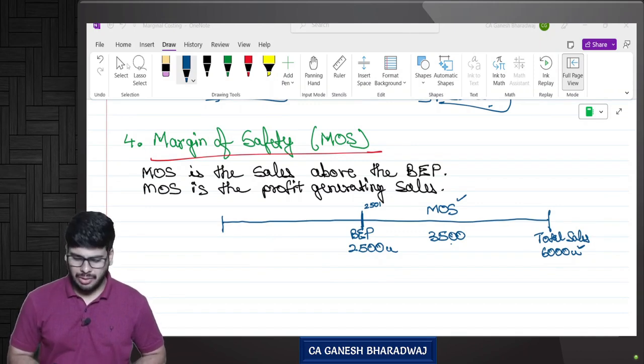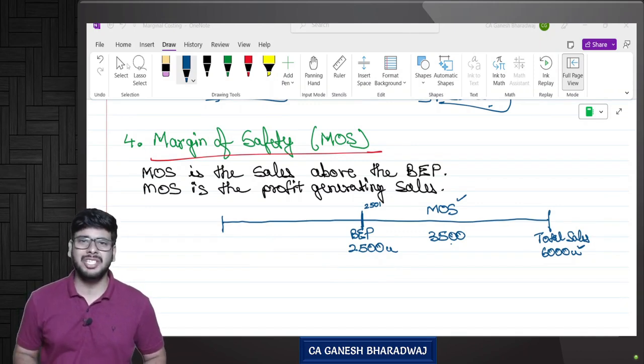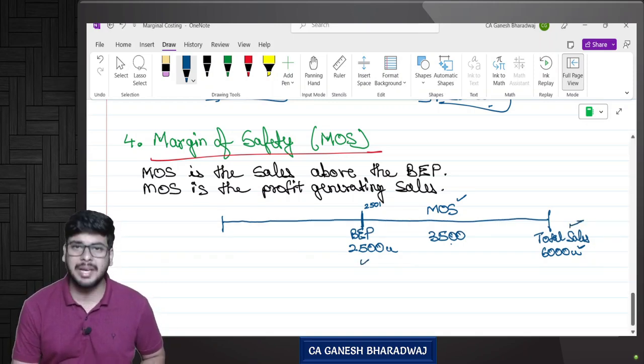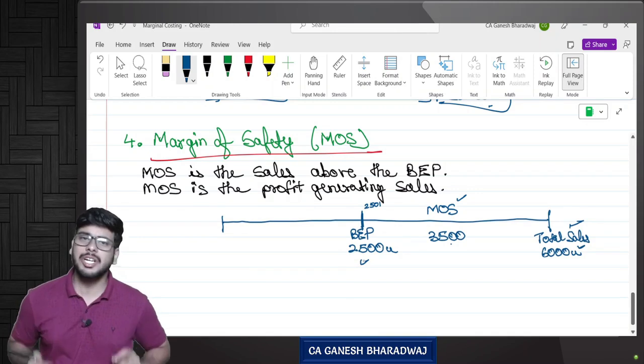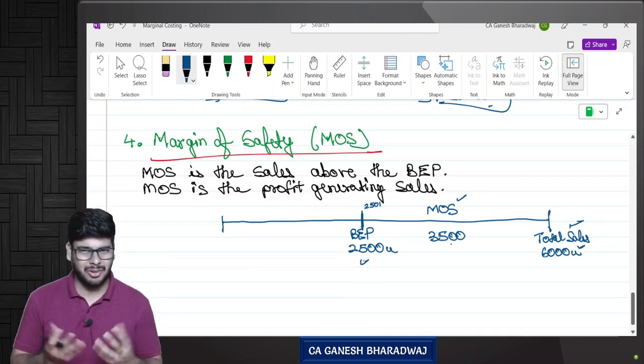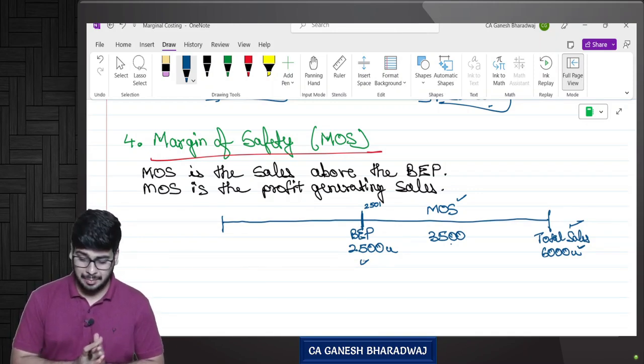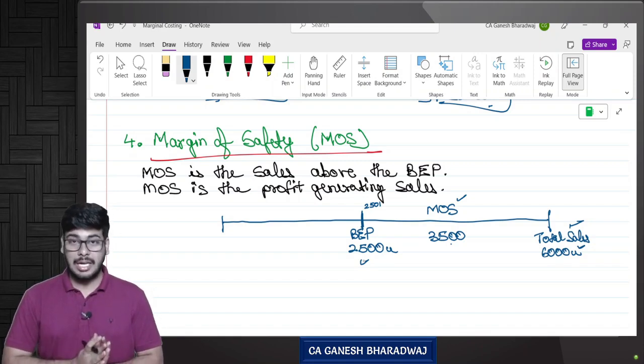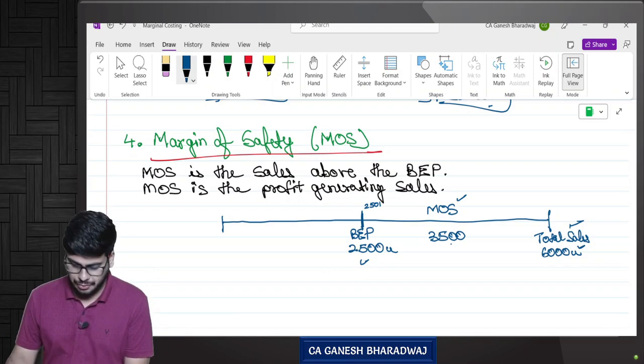Fine. So can I say that margin of safety, how will you calculate? Very simple. The total sales minus the break-even point is going to be my margin of safety. Yes or no? It's that simple. Or let us also give a new perspective to this. Fine.